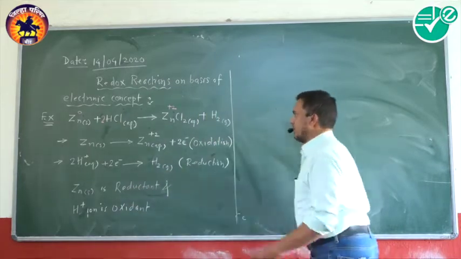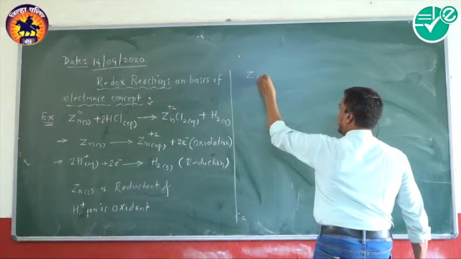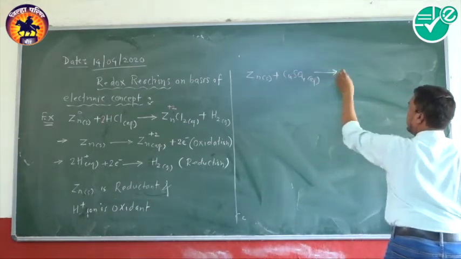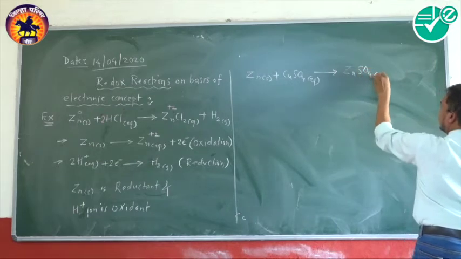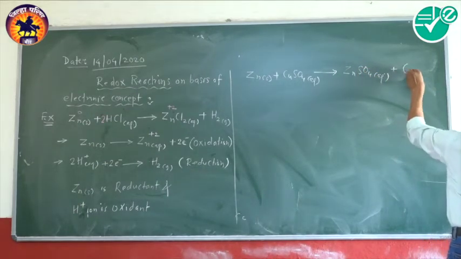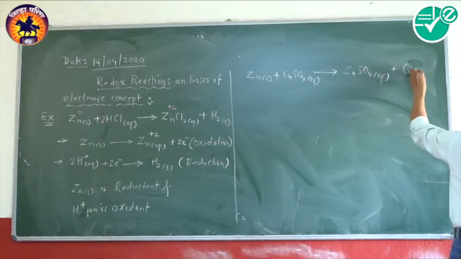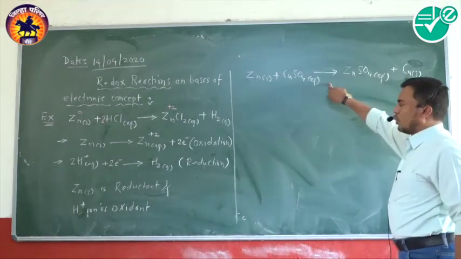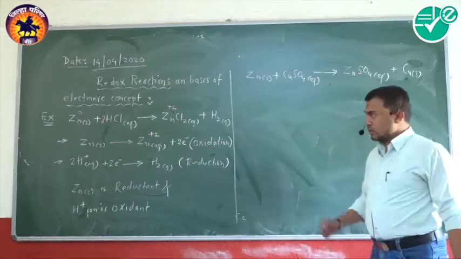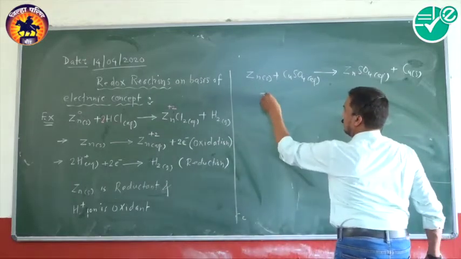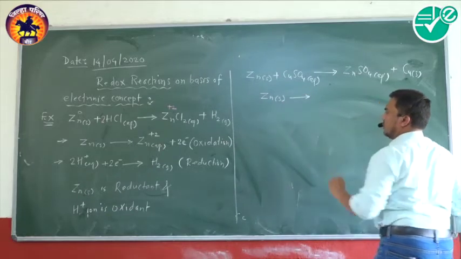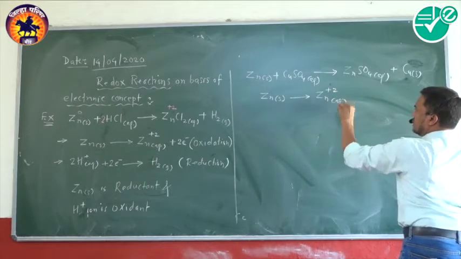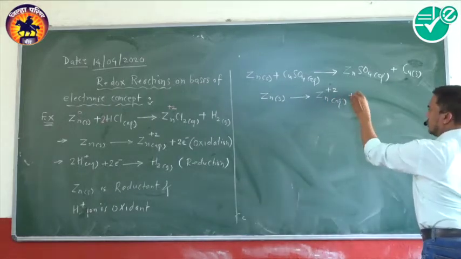We'll take another example, that is, a zinc strip immersed in copper sulfate solution. It changes to zinc sulfate and displacement of copper metal. Now this is also called a redox reaction. Here the zinc strip undergoes the process of oxidation, that is, formation of zinc ion by loss of 2 electrons.